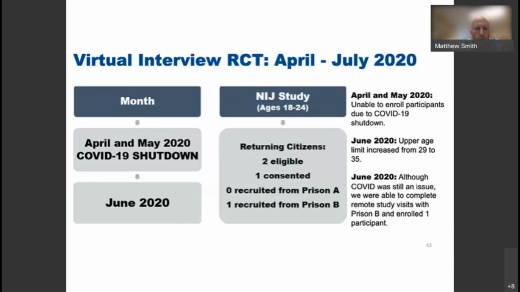And then further along the timeline, due to ongoing pandemic-related staffing shortages and reductions in the sampling frame due to infected staff and infected potential participants in April and May of 2020, we actually only recruited one participant during that time in June, while the prison programs were still accessible before they were fully shut down.